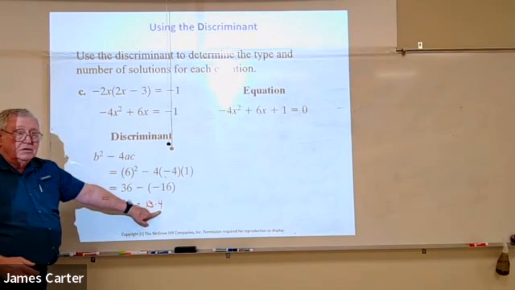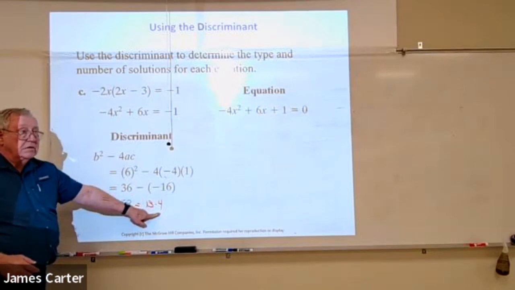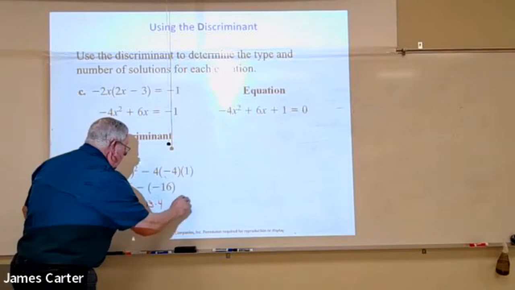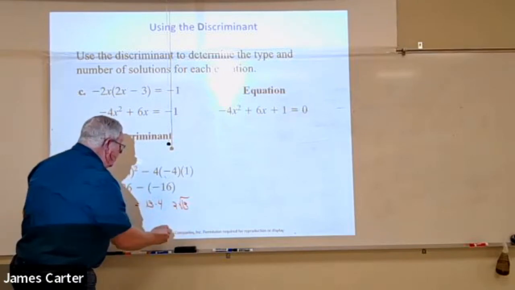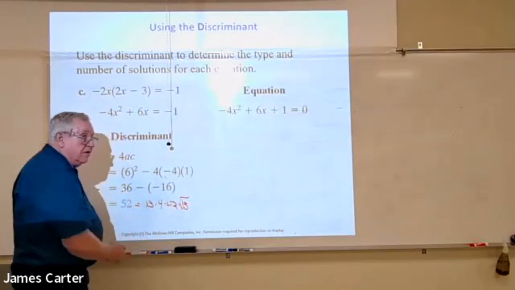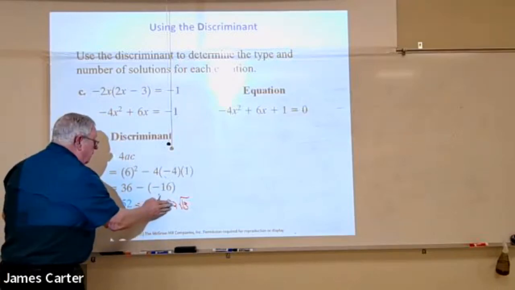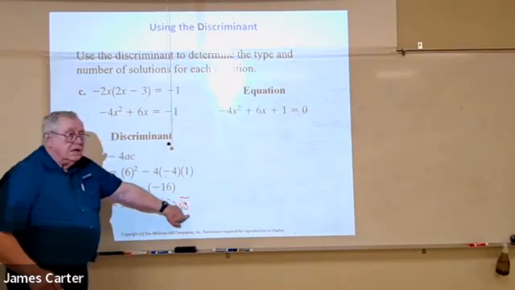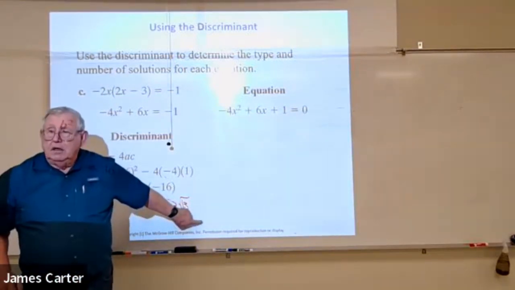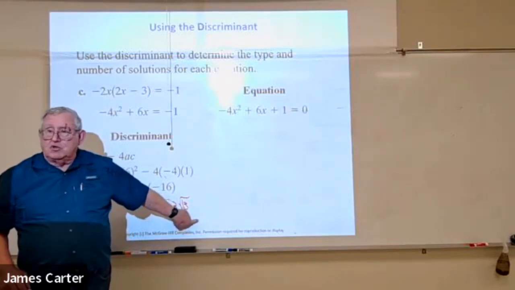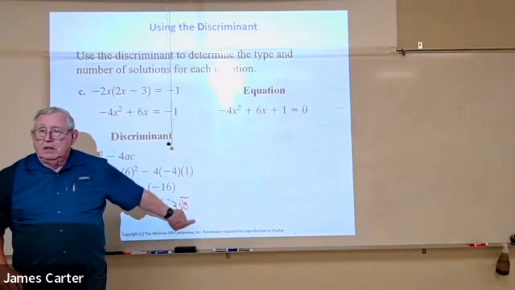So ultimately, you would end up with this, whatever negative b is, plus or minus, you know, that stuff. But the point is, in this case, you have a non-perfect square, a positive non-perfect square under the radical.